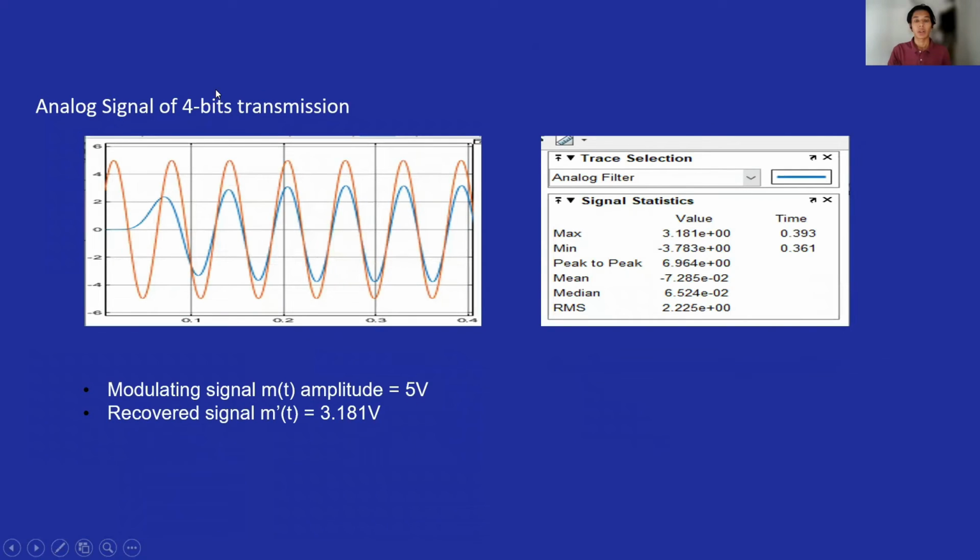And moving on to the analog signal of 4 bits transmission, as you can see, the output signal is lower compared to the input signal.